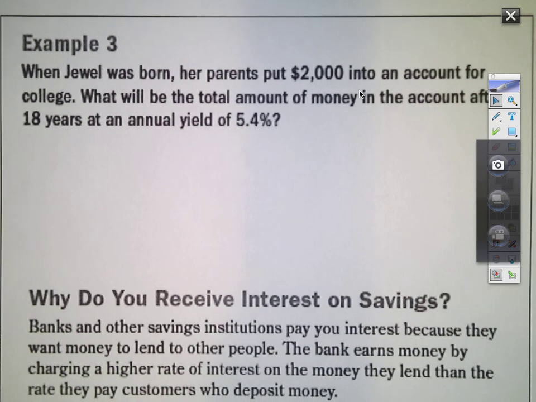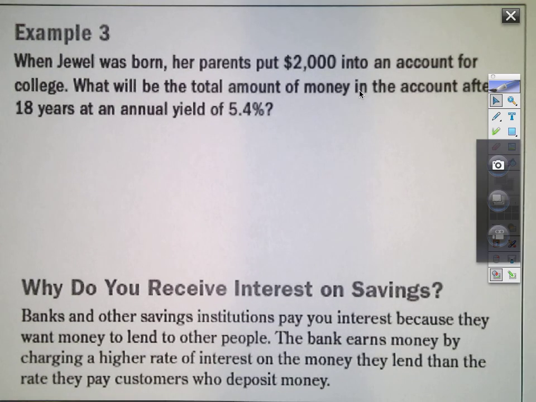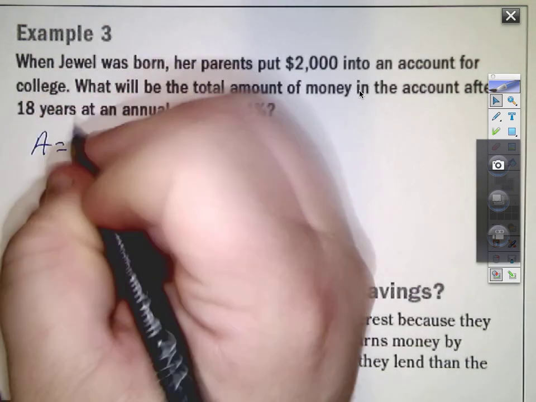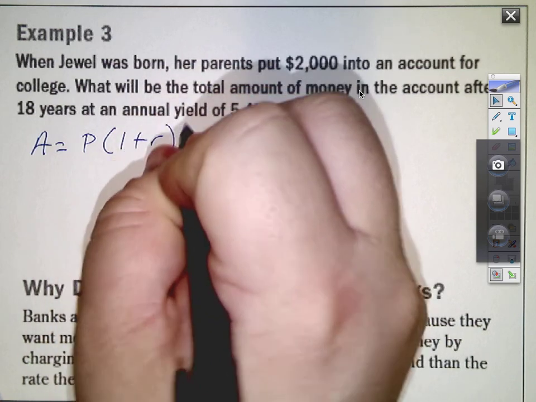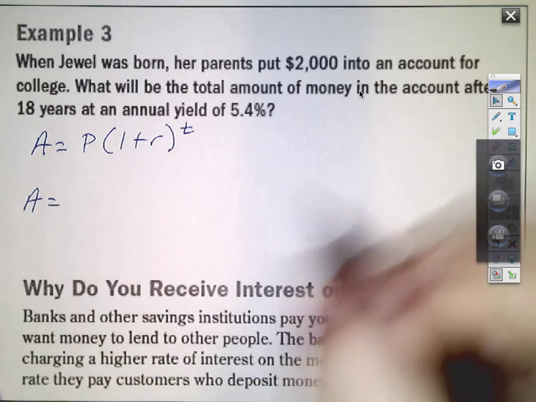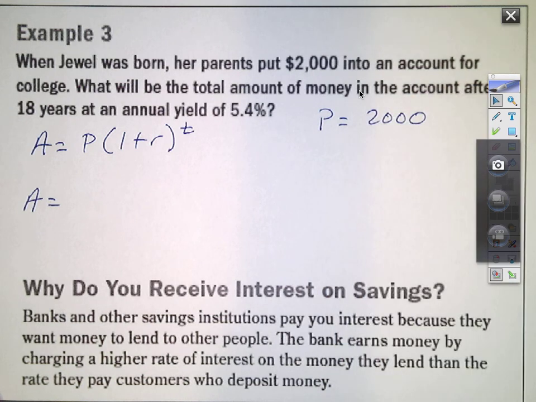Let's use this equation in example 3. It says, when Jewel was born, her parents put $2,000 into an account for college. What will be the total amount of money in the account after 18 years at an annual yield of 5.4%? Using our equation, A equals, that's the amount.